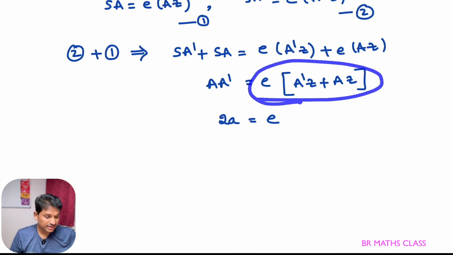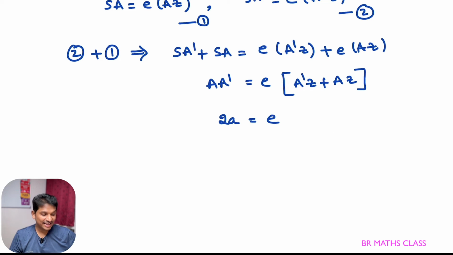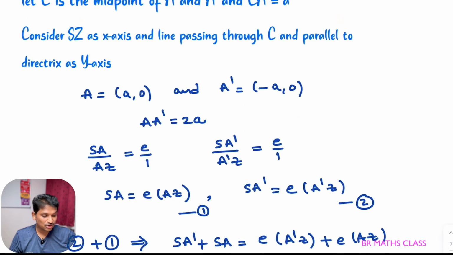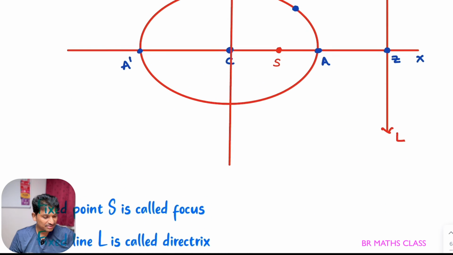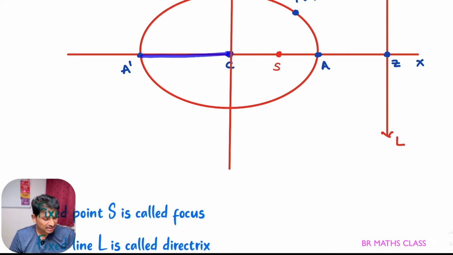We will write a few tricky things here. I'll write A'Z by including C, and AZ also by including C. Where is A'Z? Look here, this is A'Z. How will you write A'Z including C?